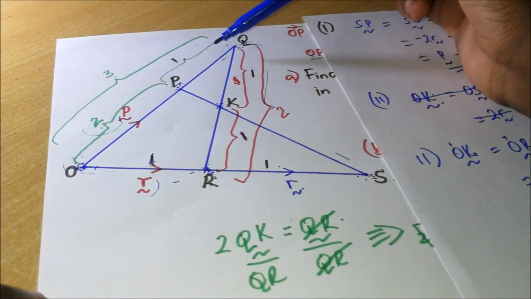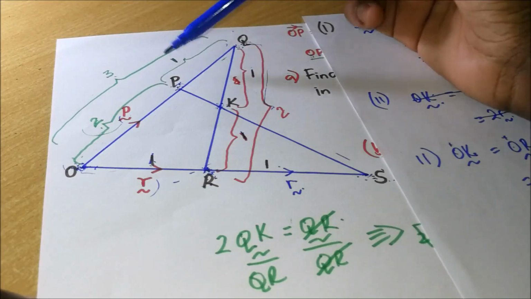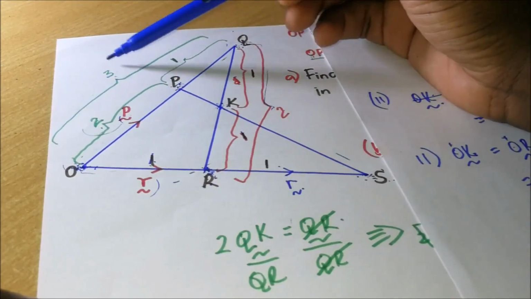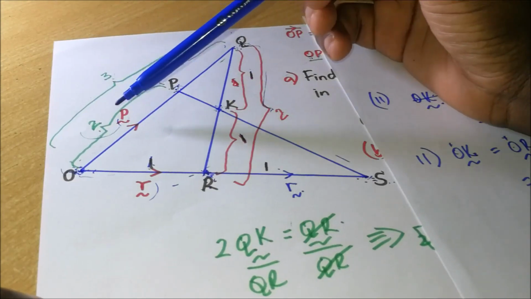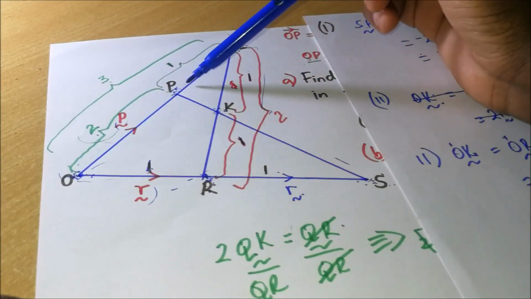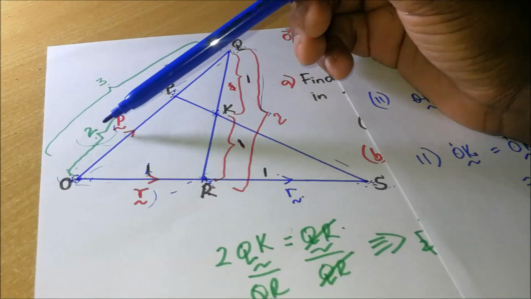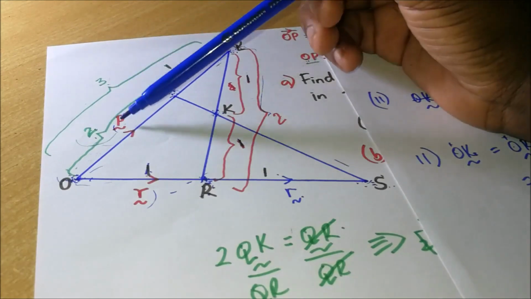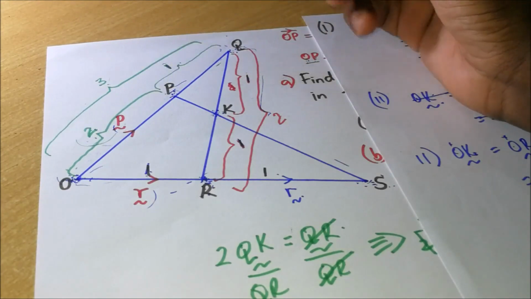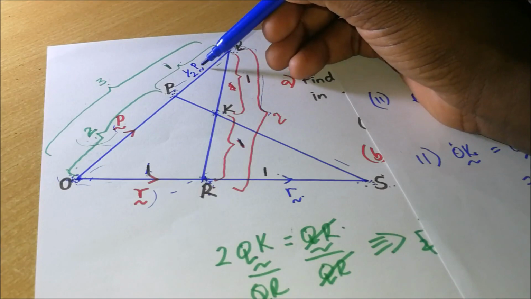It is not at all labeled in terms of R and P. However, we know that the total ratio from here to there is 3, and this P is occupying 2 parts, and this other portion is only occupying 1 part. So if this is a ratio of 2 to 1, if P occupies 2 parts, it means this 1 part is going to occupy half of P.